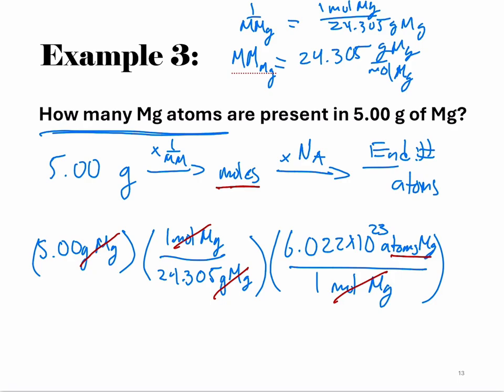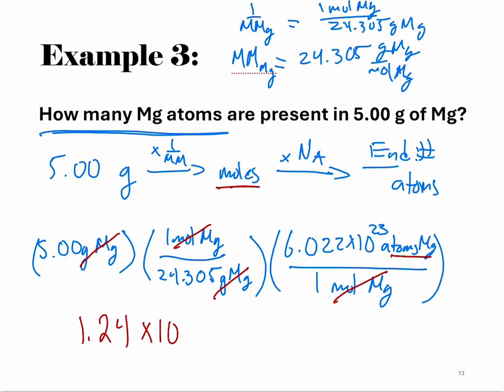And so when I plug this all in, I get 5 times 6.022 times 10 to the 23, divided by 24.305. It didn't give it to me in scientific notation. Was it 1.24? And what was the exponent for this? My calculator didn't give me scientific notation, so I'm not going to count all the digits.